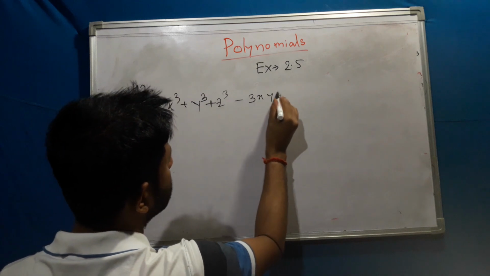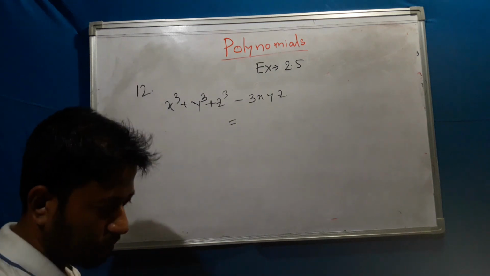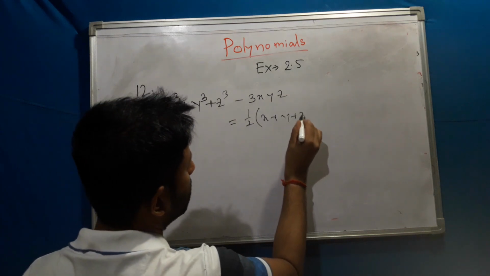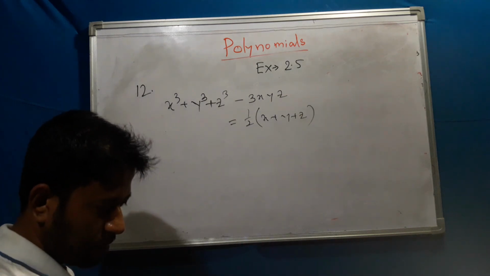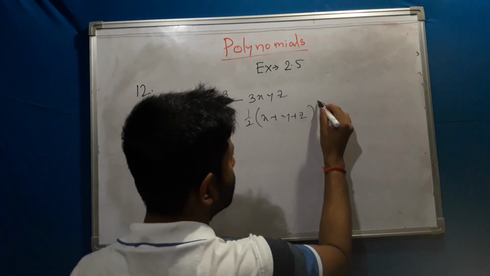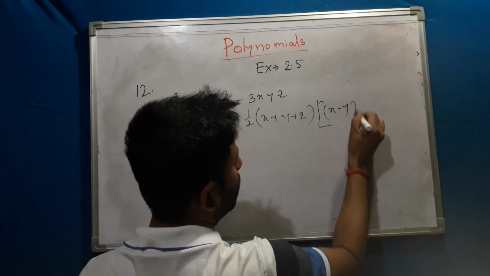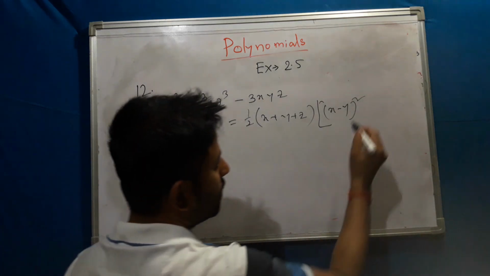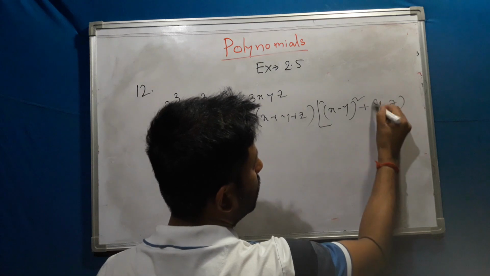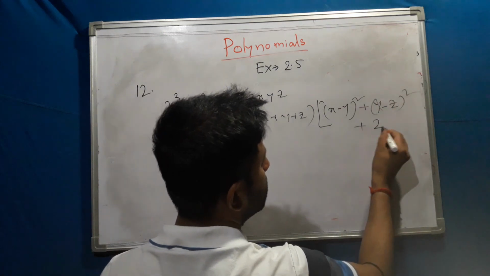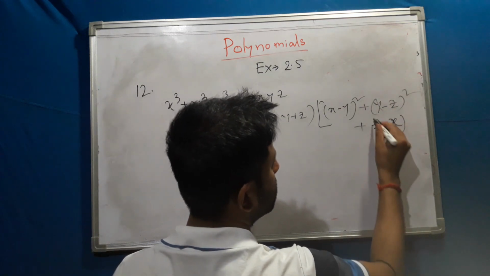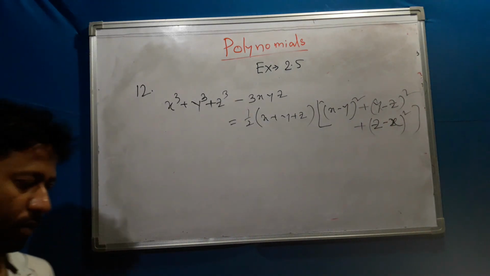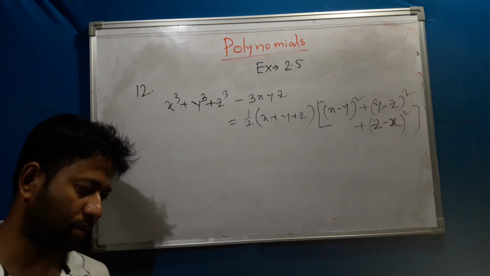You have to verify with this one: half into (x plus y plus z) into (x minus y) whole square plus (y minus z) whole square plus (z minus x) whole square. So we have to verify whether the left hand side and right hand side are equal or not.